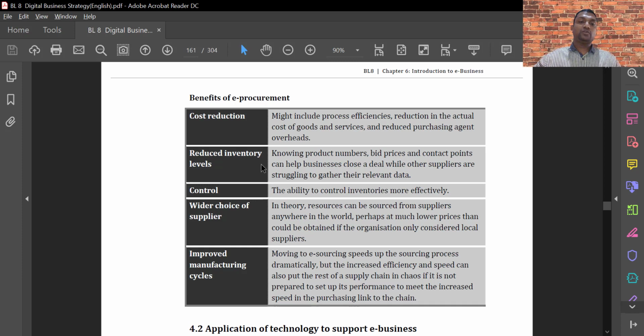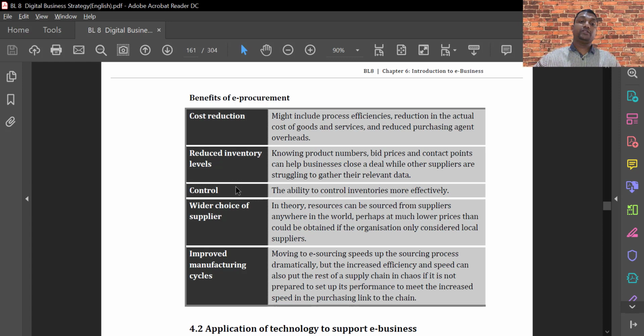So there is no need to keep extra inventory, because at any given time the organization can find out what is needed, and the suppliers can also find out when this organization would be needing these supplies, so that they can plan ahead. So this helps the buying organizations to have an inventory level which is just enough for their operation, nothing more.